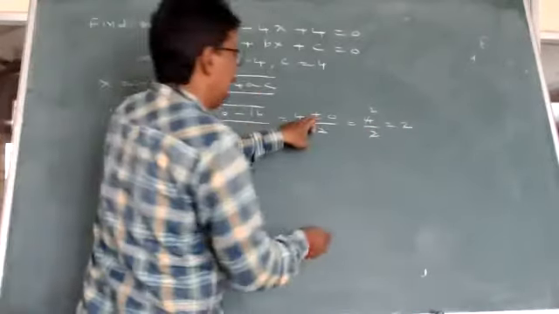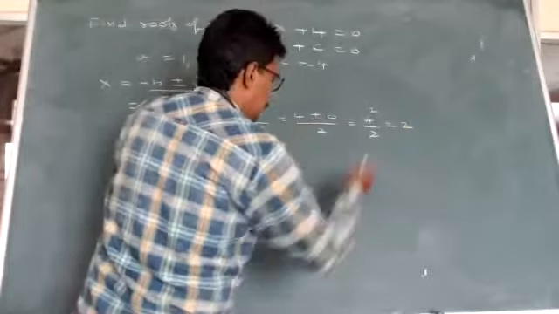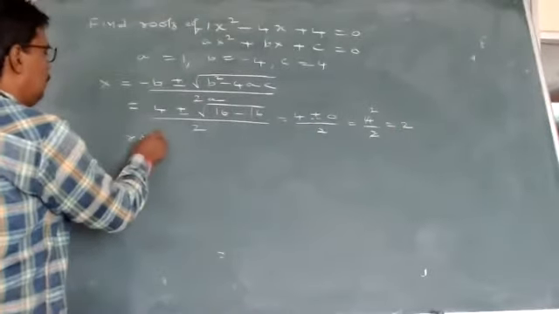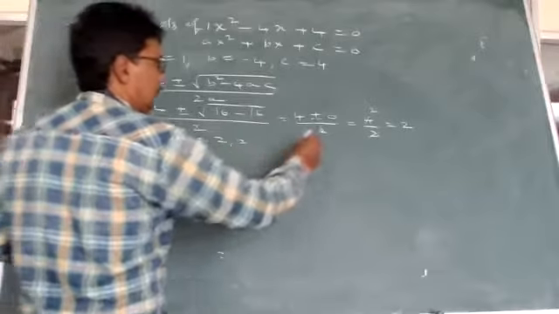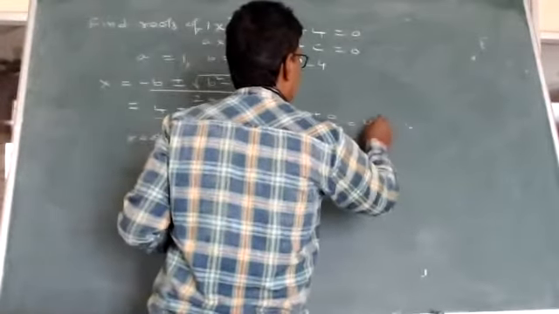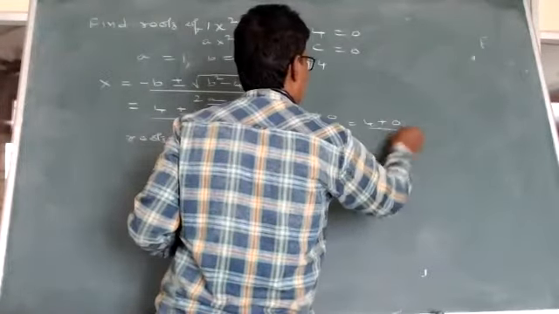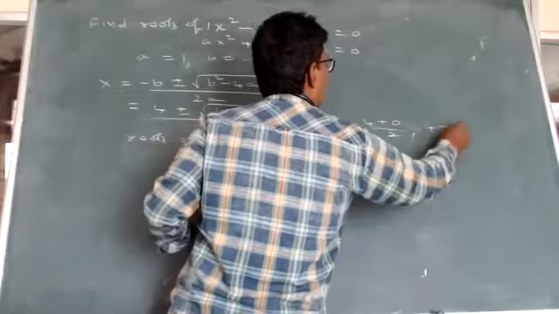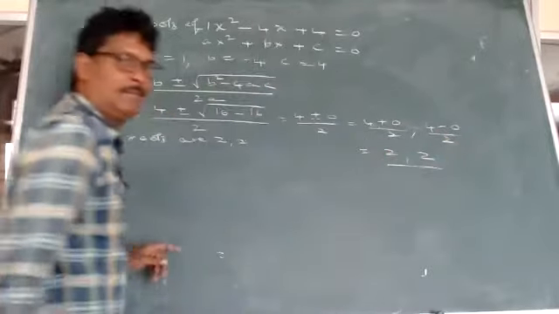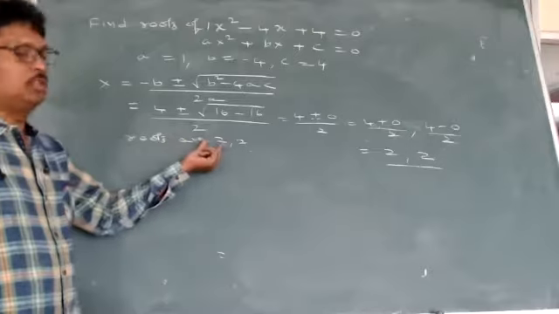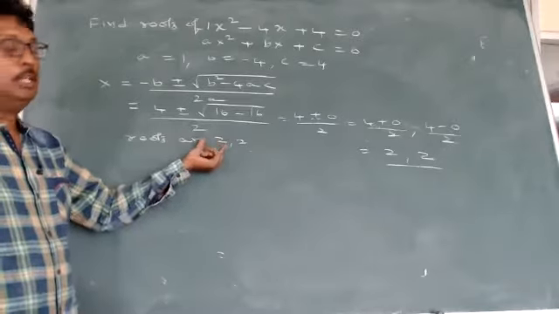We can take plus 0 or minus 0, it is 2 either way. Therefore, the roots are 2 comma 2, because this is 4 plus 0 by 2 comma 4 minus 0 by 2. That means the roots are 2 comma 2.